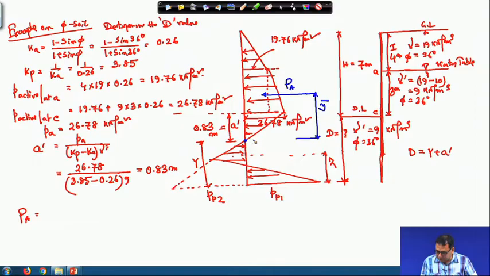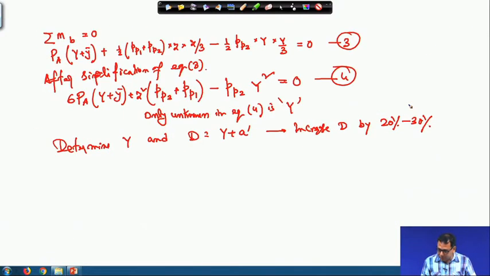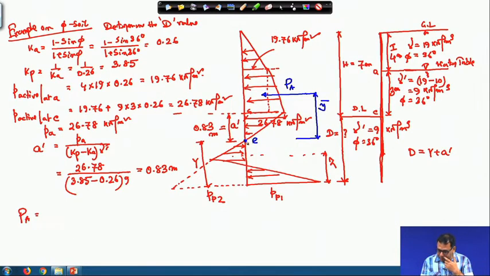I am writing this is E point. Because your y bar is from this point to the P A. So, this point is here E and this is the y bar, and capital P is the force due to this total portion, H plus A dash portion.